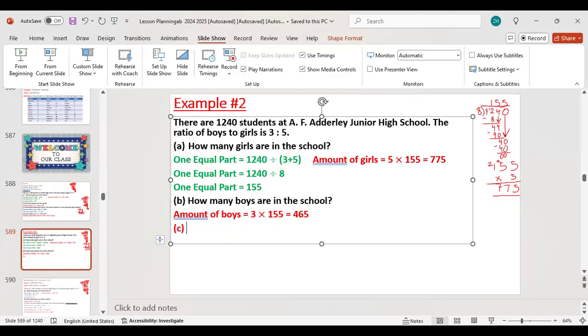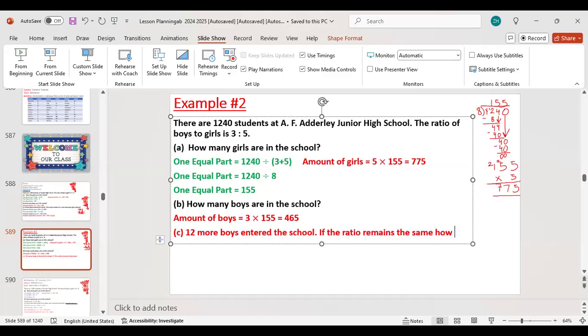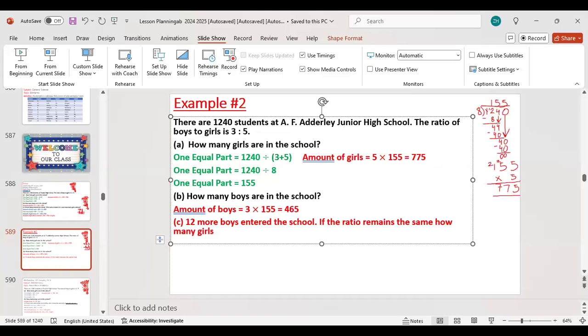This is why I should probably start writing with pencil. Erase it. 12 more boys entered the school. If the ratio remains the same, how many girls entered?